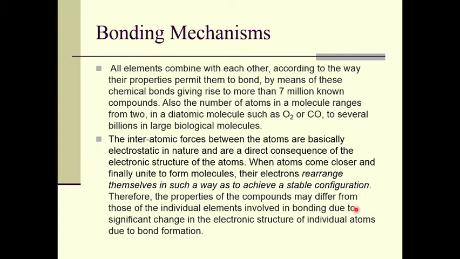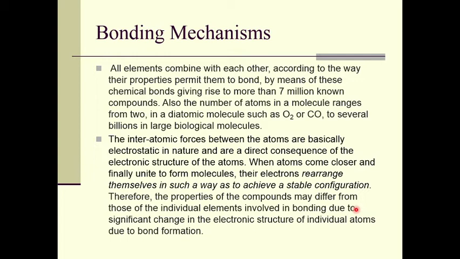And when atoms come closer and finally unite to form molecules, their electrons rearrange themselves in such a way as to achieve a stable configuration. That means when two atoms come closer, they arrange themselves in such a way that they can achieve the stable configuration that we are going to study.